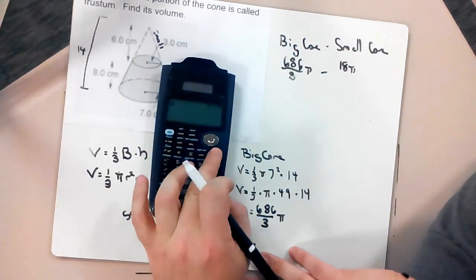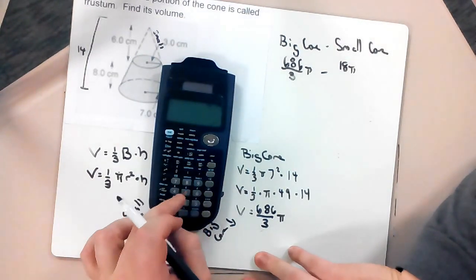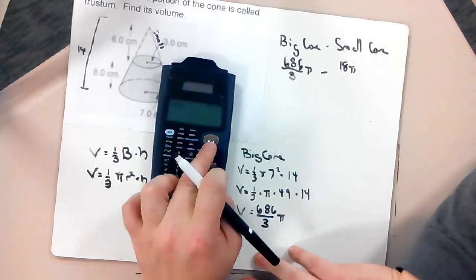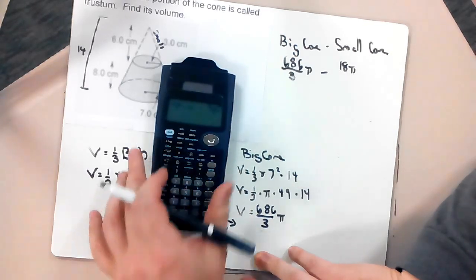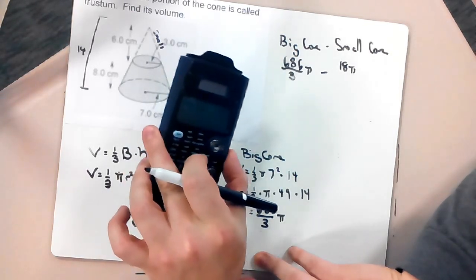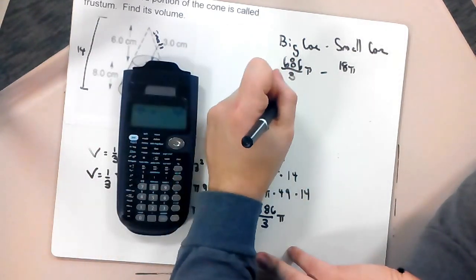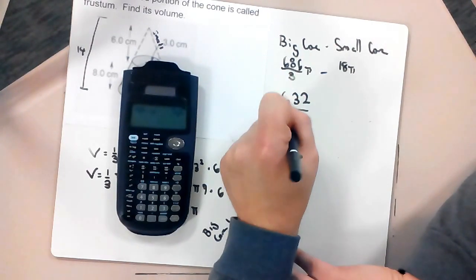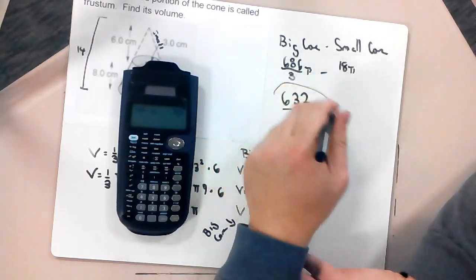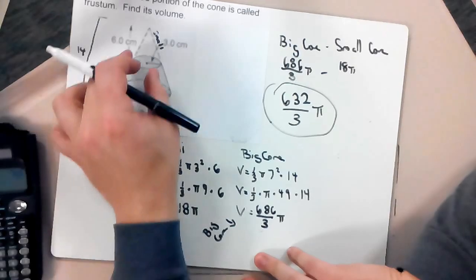I'm going to see if I can get this to work. 686 over 3 minus 18. And I got 632 over 3. Okay, so the answer is 632 over 3 pi. That is the volume of the shaded area.